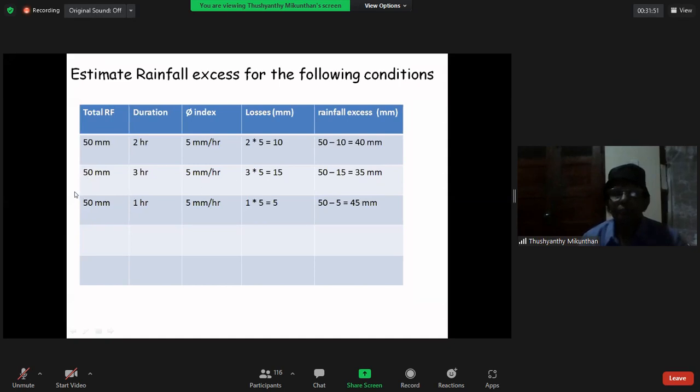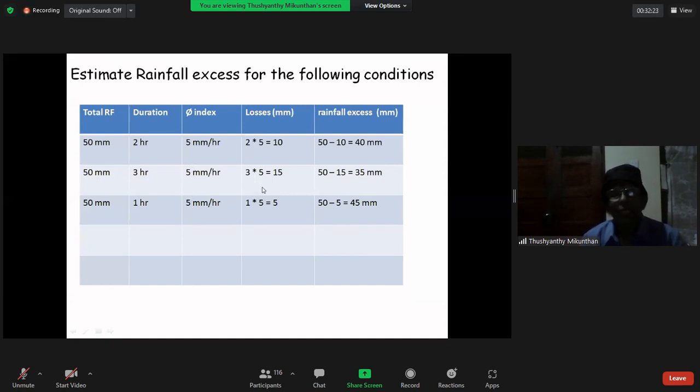Second row, 3 hour duration rainfall. Phi index, same data, 5 millimeter per hour.